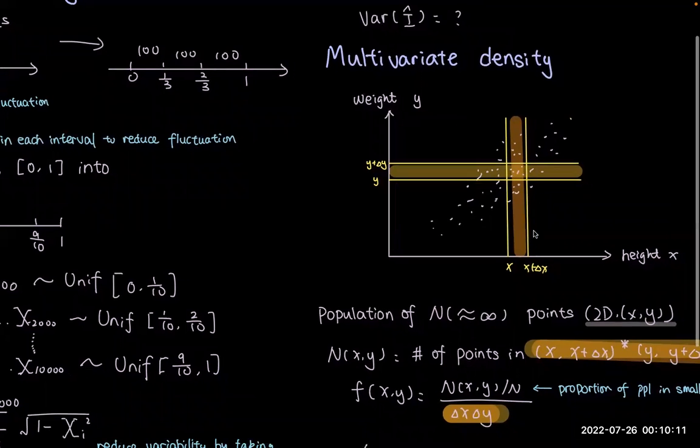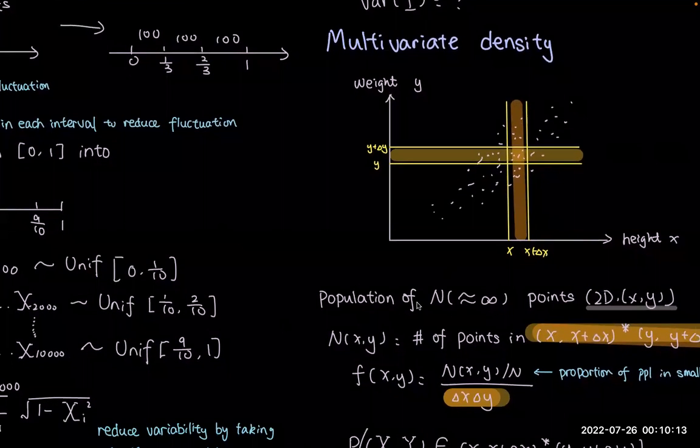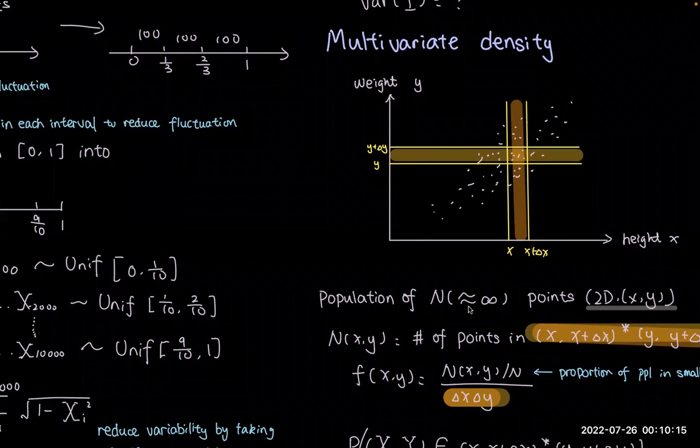Let's assume that we have a population of n points, where n is almost infinite. Here, those points are 2D, so each one is described by 2 coordinates. We let nxy be the number of points in this small cell, which is x plus delta x cross y plus delta y.